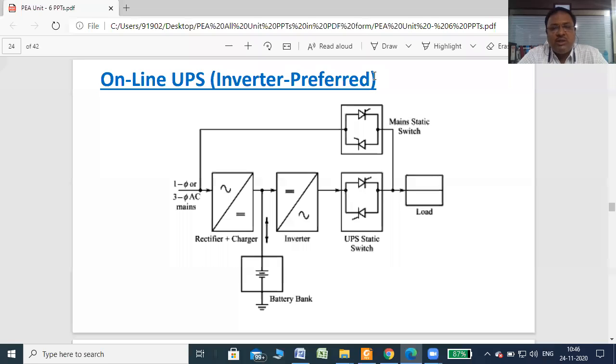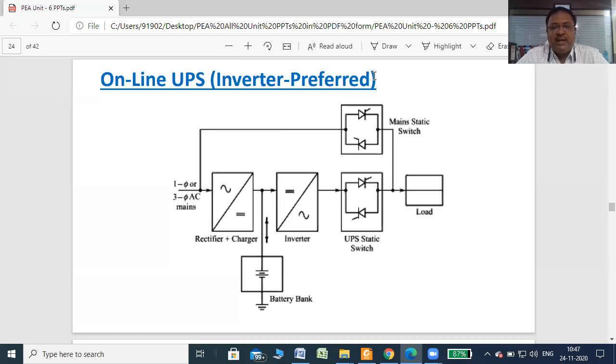In the first mode, the supply feeds the rectifier, which converts it into DC. That voltage is given to the battery charger, and then directly given to the inverter. The inverter converts DC into AC, and through the UPS static switch, the load is connected.